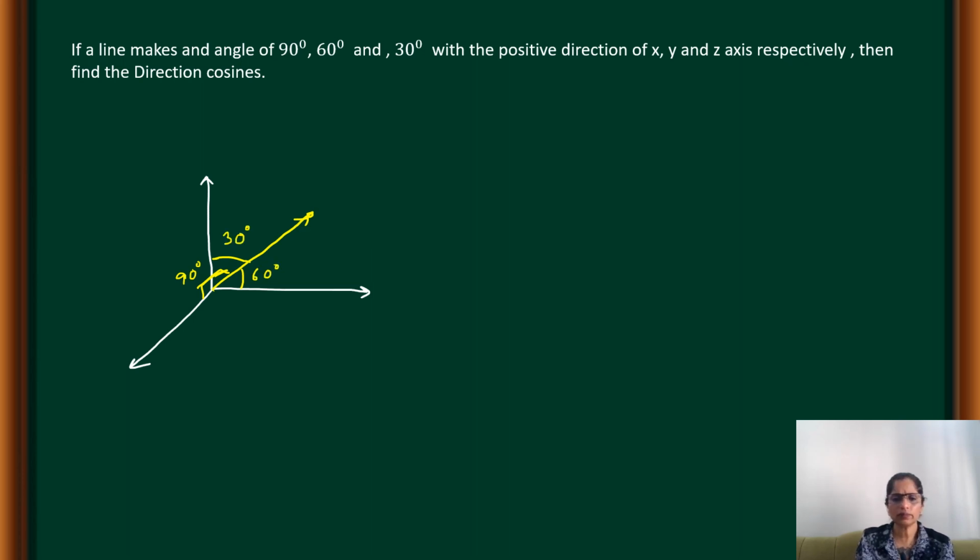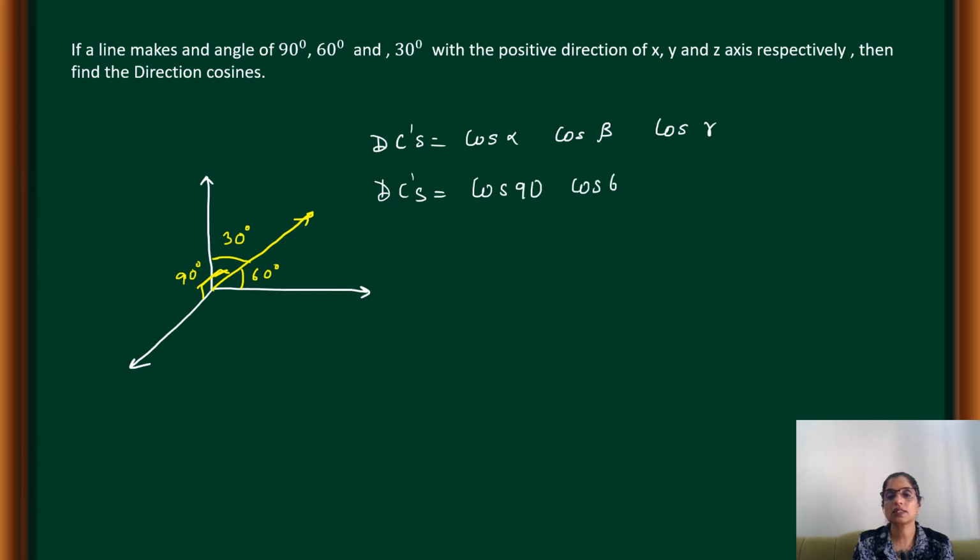All right, very easy. That means direction cosines are equal to cos alpha, cos beta and cos gamma, correct? Direction cosines of this line will be cos 90, cos 60 and cos 30.